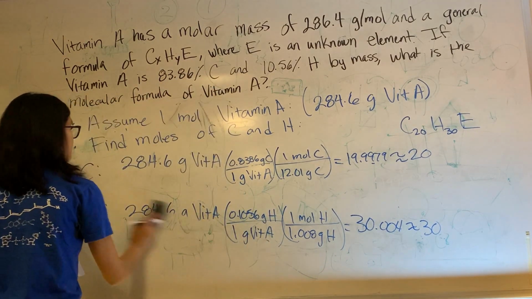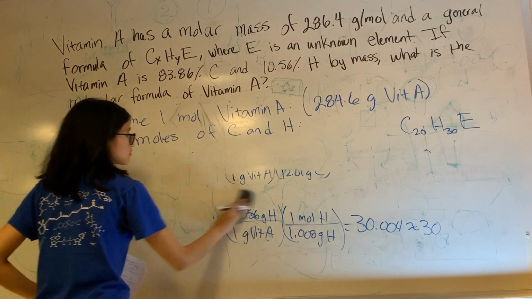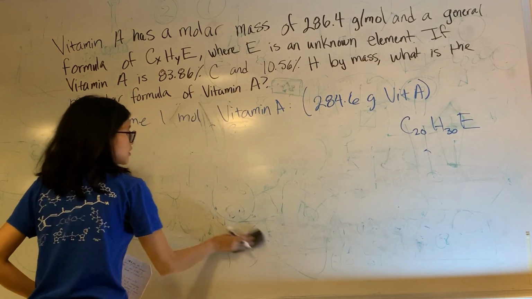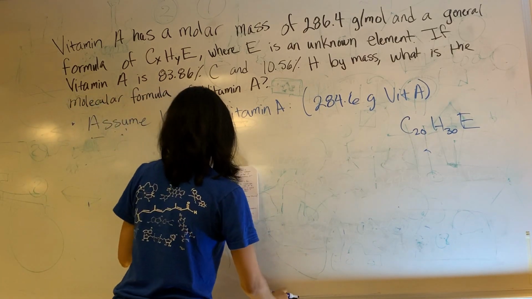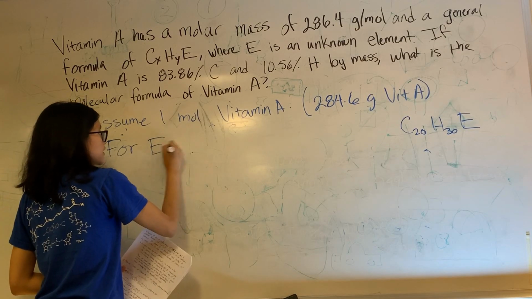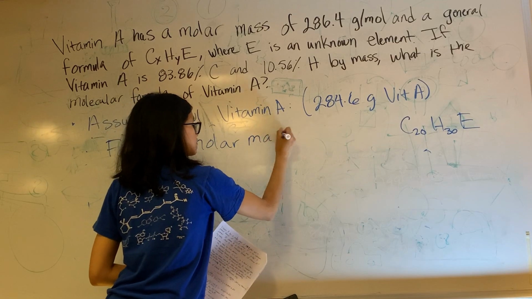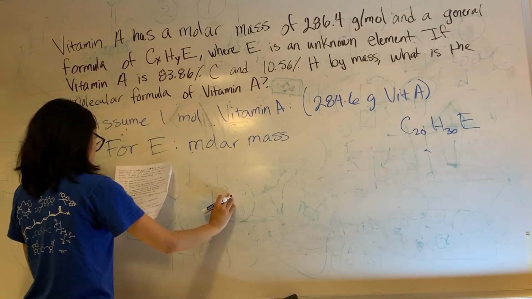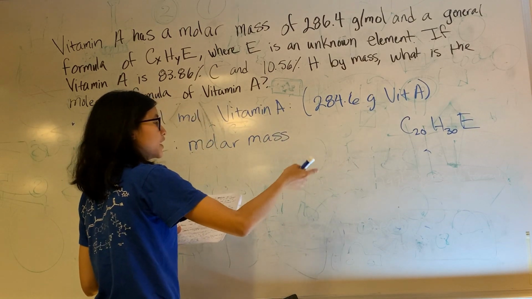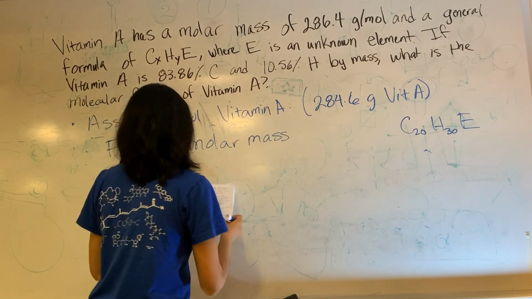So to do that, let me get rid of this right here. So to figure out E, you need to find its molar mass. So we're already pretty close because we know that our molecule is C20H30 and E. So we can use subtraction to figure out what E is.